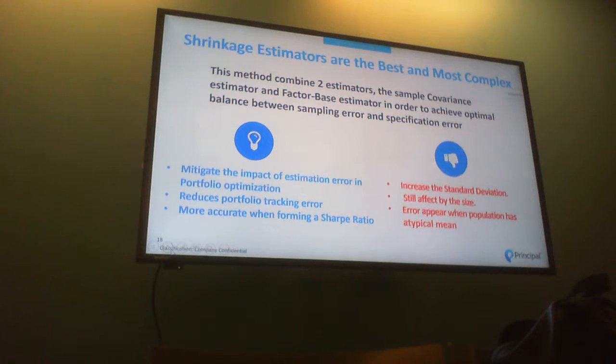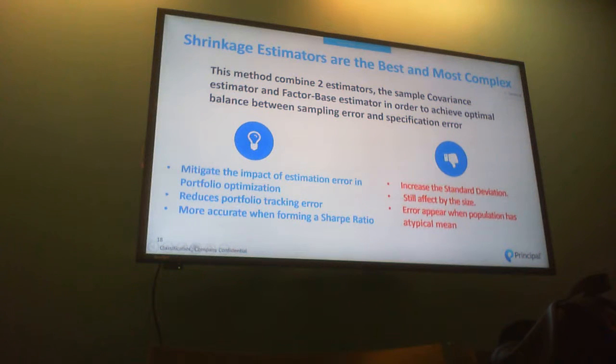Yeah, because we are discussing the shrinkage estimator. It has a package in R. Can you send me that package?